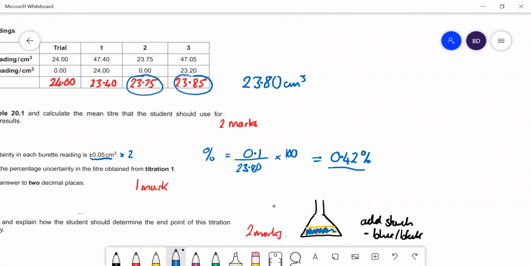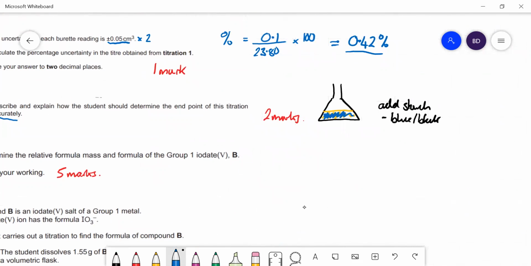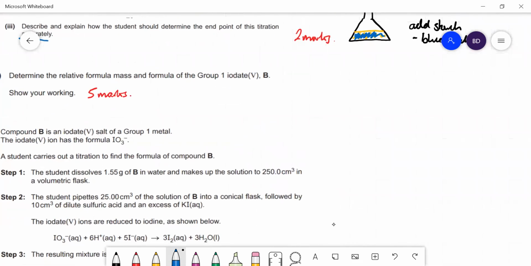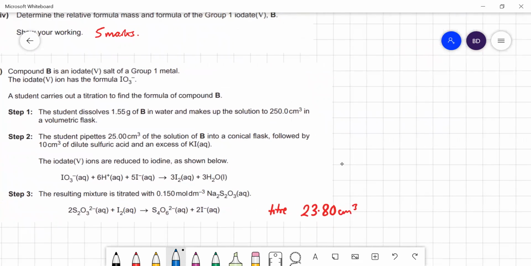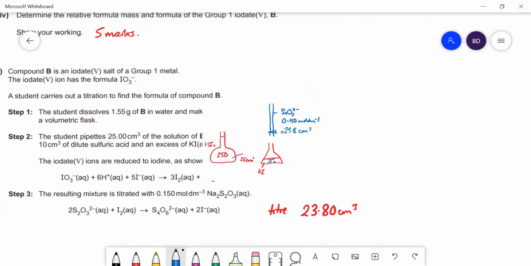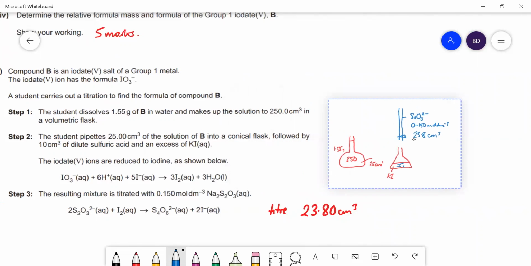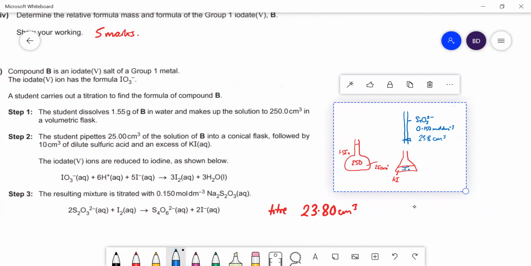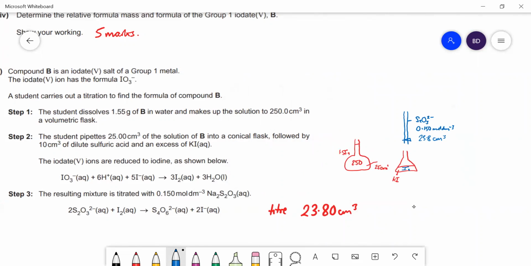Okay, and what I've done is I've also pasted the instructions there again, so I can see them. Right, so what we're going to do first of all is find out the moles of thiosulfate, because we know the volume and we know the concentration.